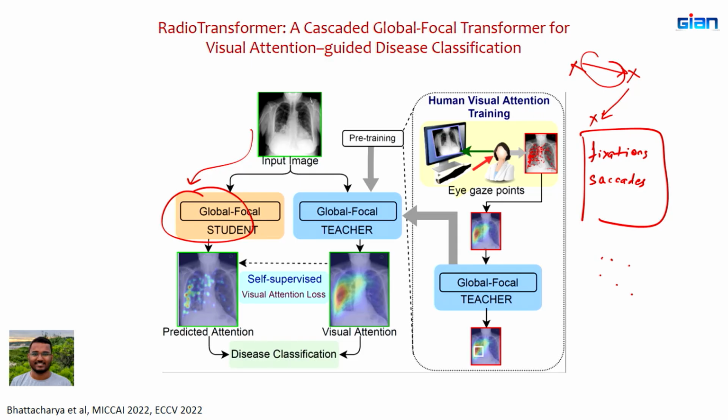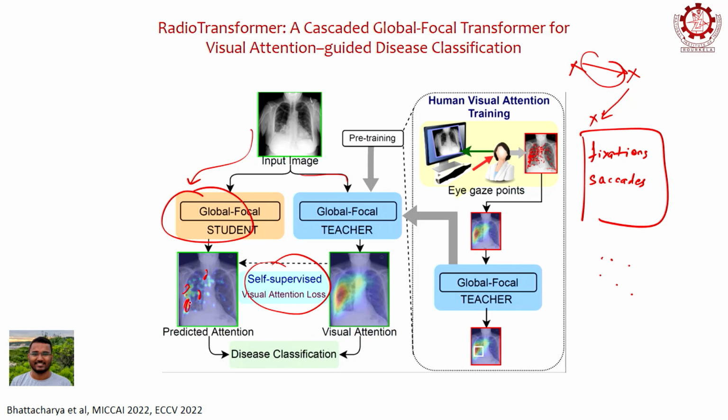It takes as input only the image and gives some attention, and you see that this attention is very different from the teacher's. You have a teacher model which has learned what the radiologist attention would be like. You provide this image, and the student model would be fine tuned based on what the teacher model provides, using visual attention loss.